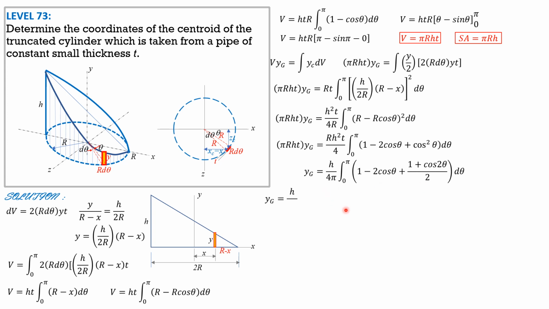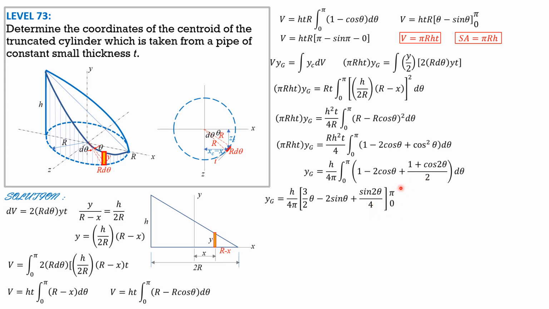So y_g is h over 4 pi, then quantity 3 halves of theta, integral of 2 cosine theta is 2 sine theta, so minus 2 sine theta. Integral of 1 half cosine 2 theta is sine 2 theta over 4, from 0 to pi.